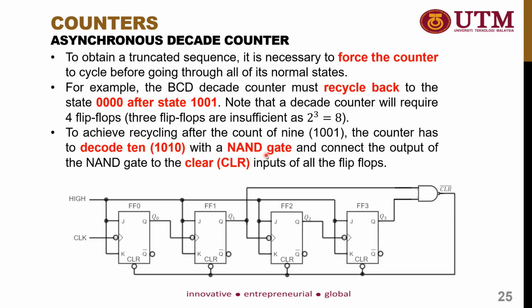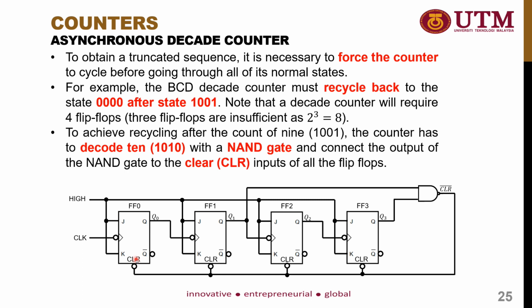This is the circuit of the asynchronous decade counter, where we have a total of 4 flip-flops, FF0, FF1, FF2, and FF3. The outputs of flip-flop 1 and flip-flop 3 are connected to a NAND gate, and the output of the NAND gate is connected to each CLR input. At the beginning of this lesson, I already showed you the function of the CLR.